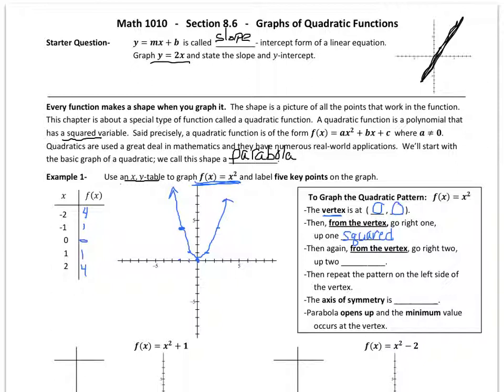Now, again, from the vertex, if we go right 2, how much did we go up? We went right 2 and we went up 4. Or we went up 2 squared. What's 2 squared? 4. Yeah.